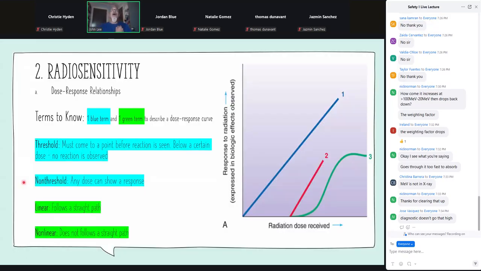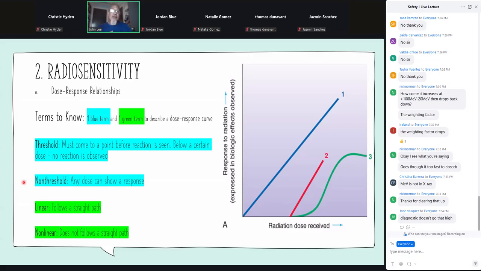Now, moving into radiosensitivity and dose response relationships. These are a combination of four different terms, four different descriptors, and they're paired. Like Spock, Star Trek. Anybody, any Trekkies? So we've got a blue term and a green term. All right. Threshold and non-threshold is the first pair.